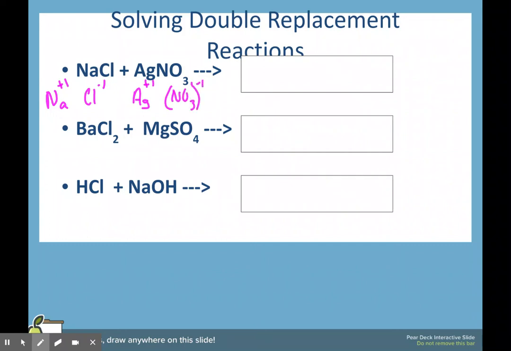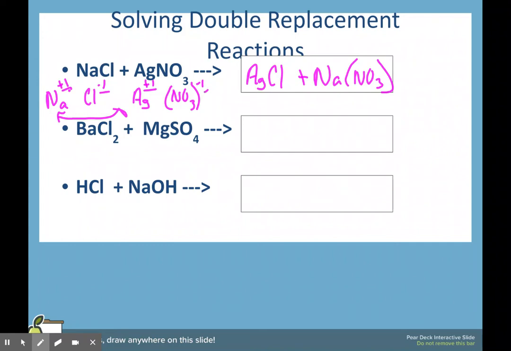So we're going to swap our positives. So we'll put Ag with the Cl, and those were both 1s, so we don't have to worry about crisscrossing, plus, and now the Na with the NO3. And those were both 1s. So again, we don't have to worry about the crisscross.